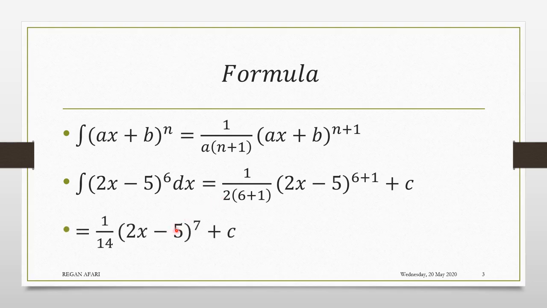When we clean up, this would be 7 times 2, so that is 14 here, and then 6 plus 1 is 7. You end it here. Also, don't forget to include the plus c. Always include the plus c.